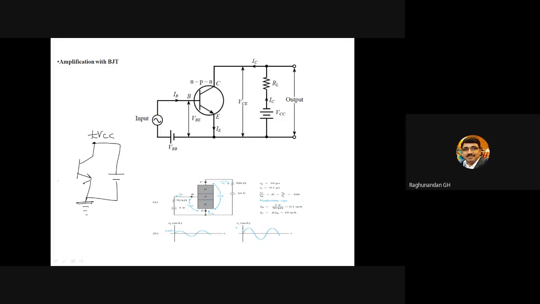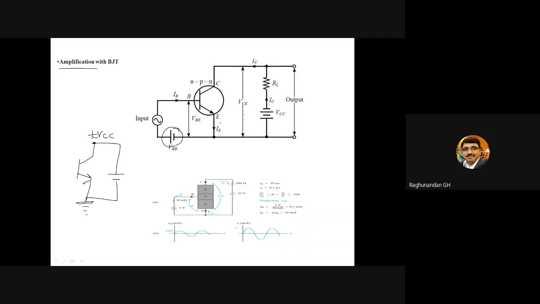So to make the base and emitter enter into the forward bias region, we use this VBB. By applying this DC voltage, we make the base and emitter enter into the forward bias region, because we are talking about amplification. In amplification, the input circuit should be what and the output circuit should be what? I mean biasing.